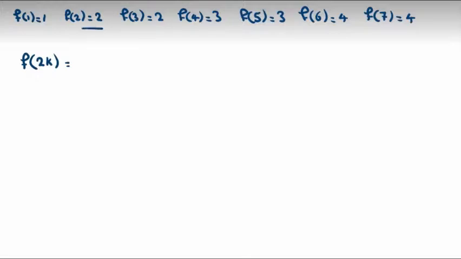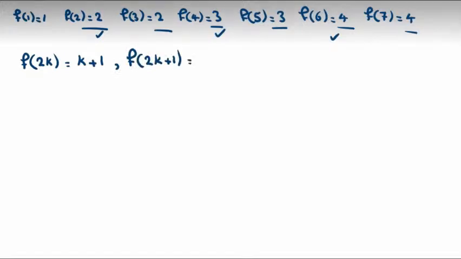Look, because we have two 2s, two 3s, two 4s, we understand that it is related to m over 2. So f of 2k, you divide by 2, k here, it will be 1. If you divide by 2, you add 1. And f of 2k plus 1 will be what?